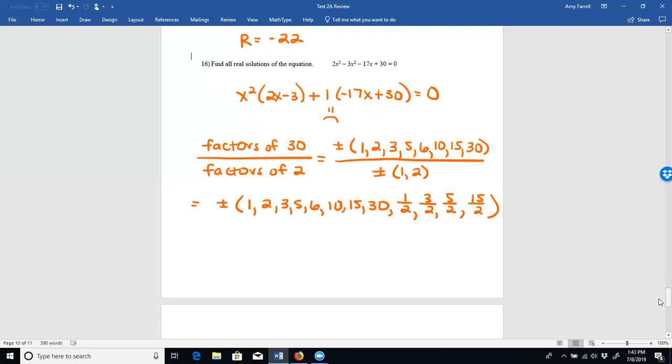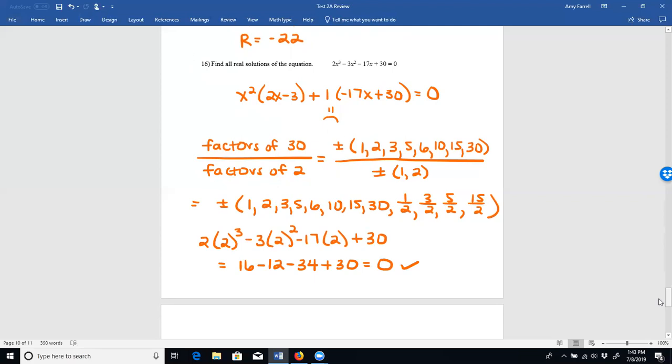Okay, so I'm checking on my calculator here. I got to find at least one. Okay, I found that 2 works. So if I take 2 and I plug it into the equation for x, I get 2 to the third, which is 8, times 2 is 16, minus 2 squared is 4, times 3 is 12, minus 34, plus 30, and this is equal to 0, which is good, because that's what we've got up here.